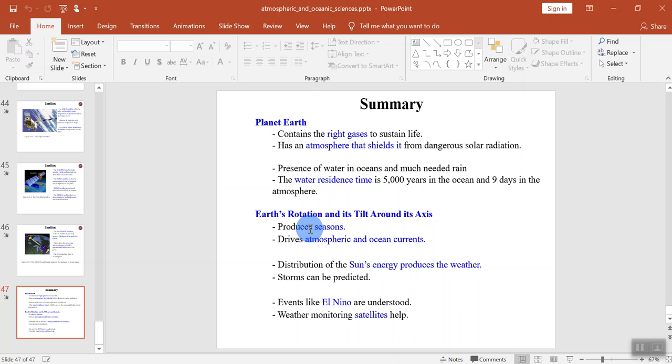Earth's rotation, called the Coriolis force, and its tilt around its axis produce seasons and drive atmospheric and ocean currents. Distribution of the sun's energy produces the weather. Events like El Nino are understood now, can be simulated, and there are weather satellites giving us a lot more information. Okay, thank you.